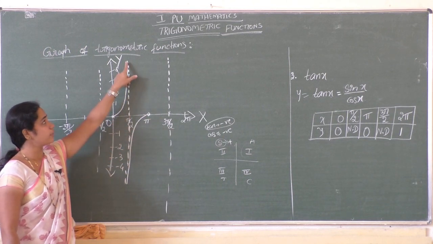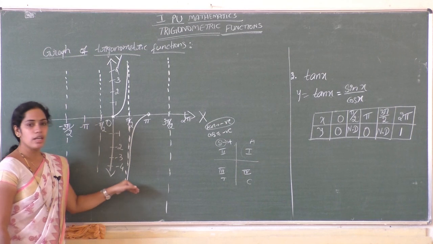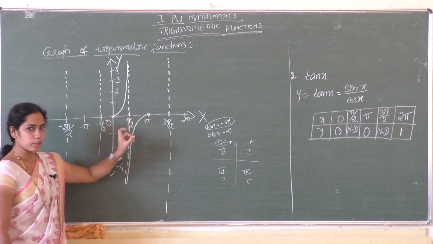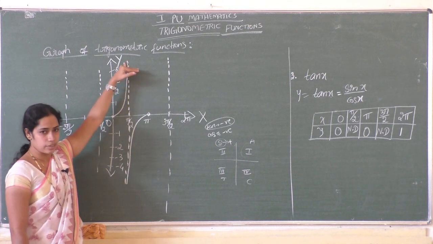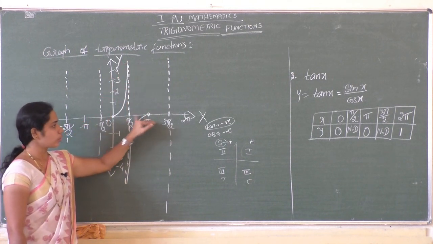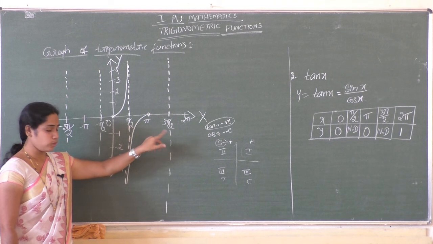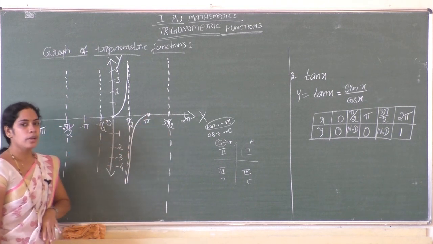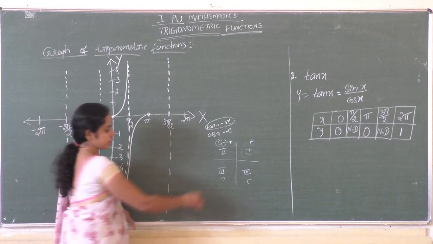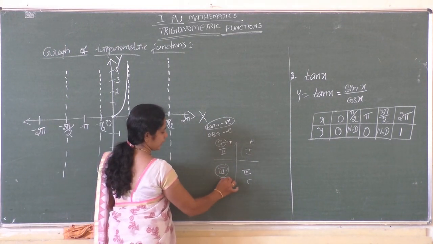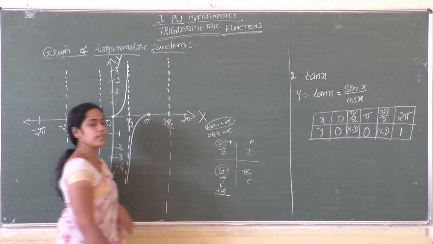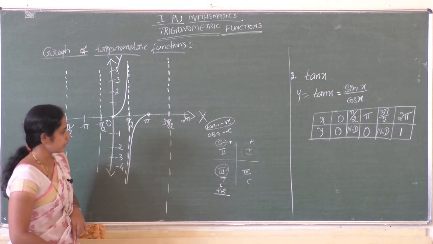It is not defined, it may be plus infinity or minus infinity. First quadrant only all are positive, so it goes like this. Second quadrant only tan is negative, so the graph increases from 0 to pi. Now check third quadrant. In the third quadrant tan is positive, correct?